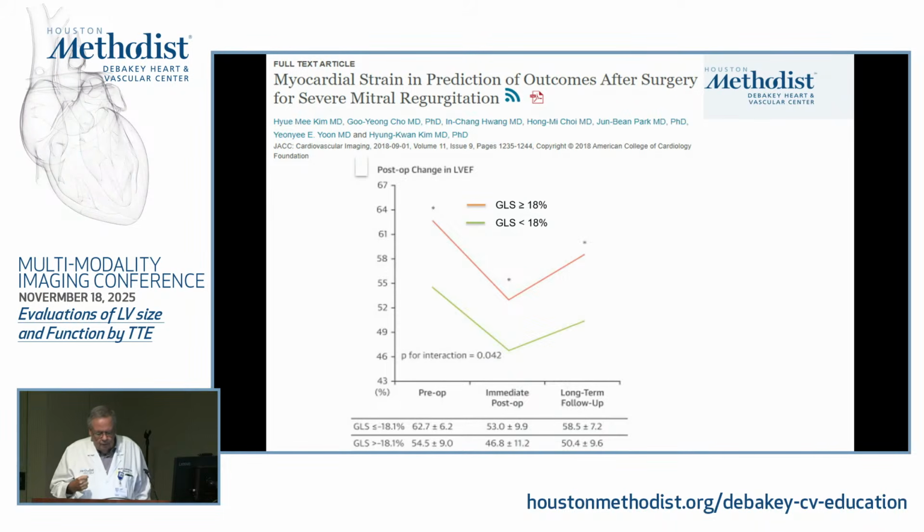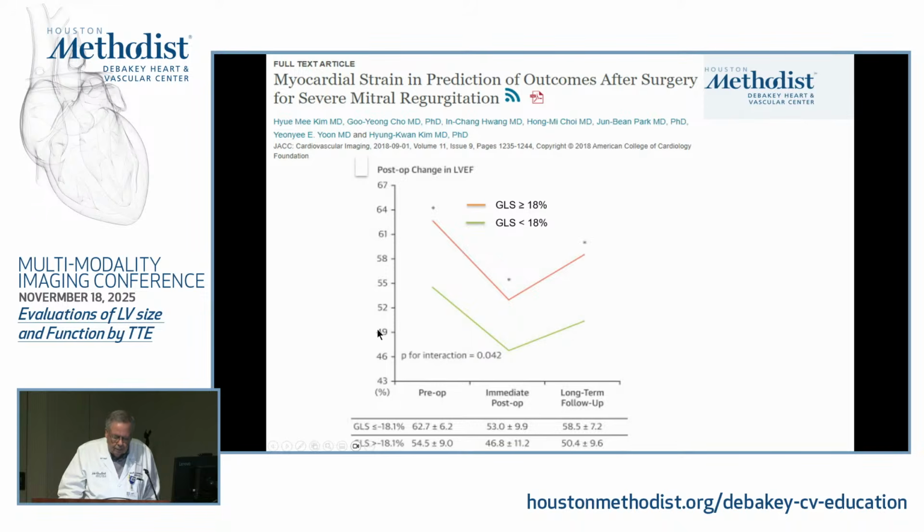In this study, they look at follow-up through surgery and post-surgery. So this is pre-op, immediately post-op, and usually about a year or so after surgery. Everybody drops their EF after surgery, and they drop their GLS. So these people had GLS greater than 18. They did drop.